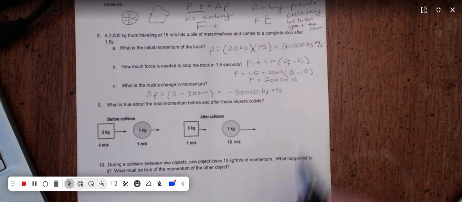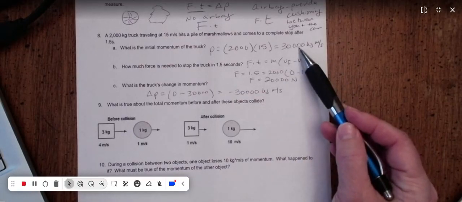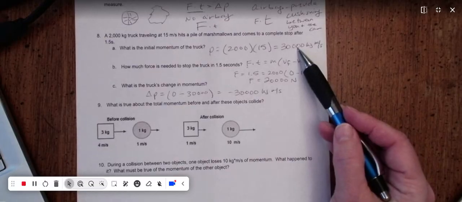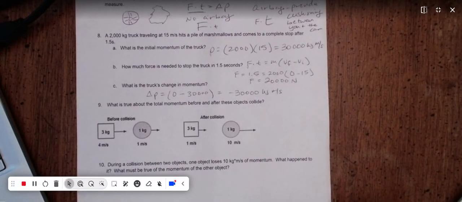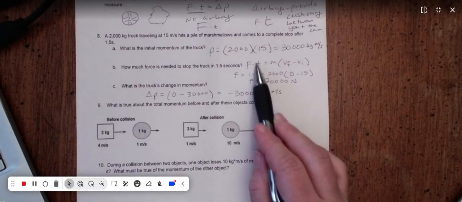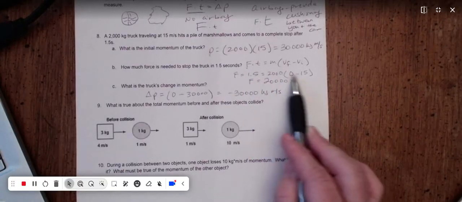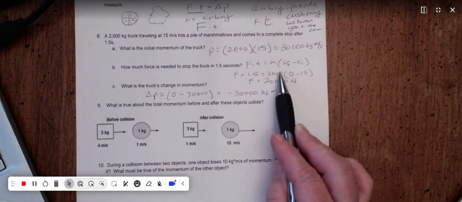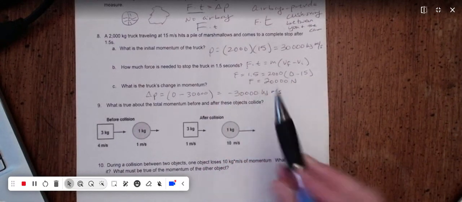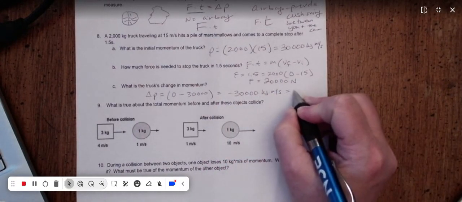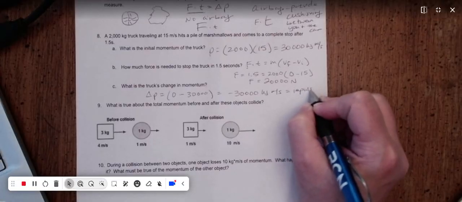It basically started with this, it ended at 0 because it came to a stop. And this quantity equals, when we multiply these out, that gives us the same quantity, the minus 30,000, because impulse equals this change in momentum. So I'm going to put that just to emphasize.